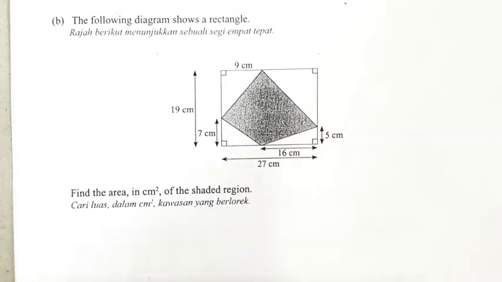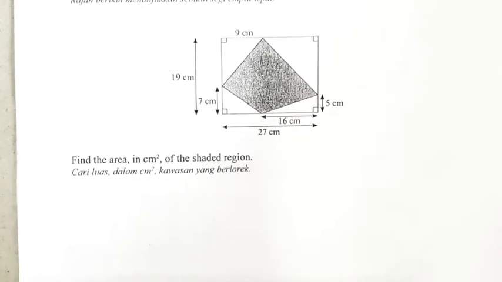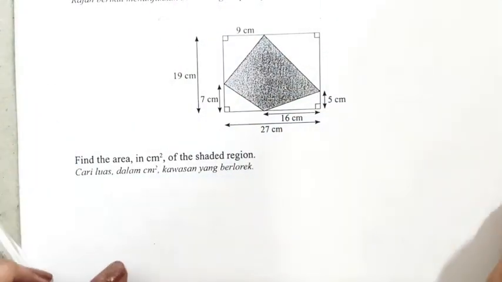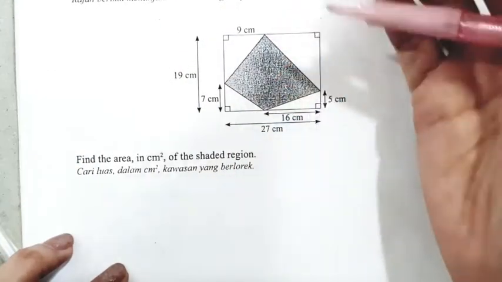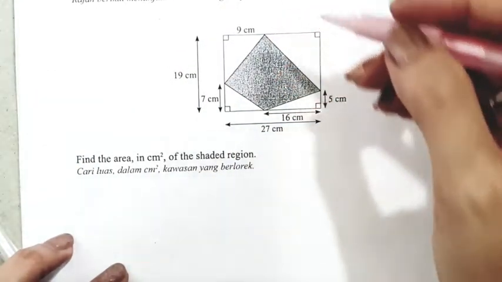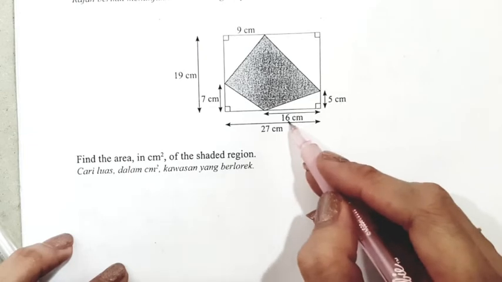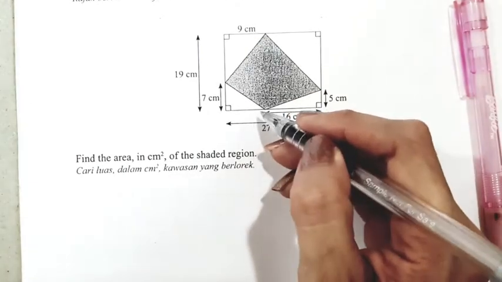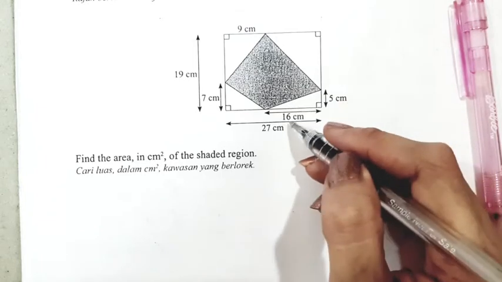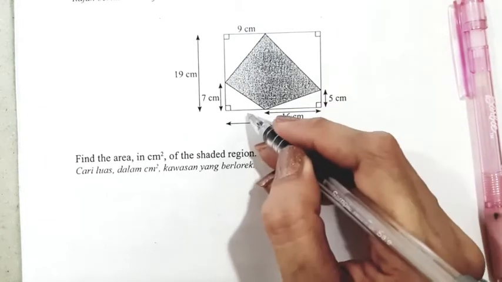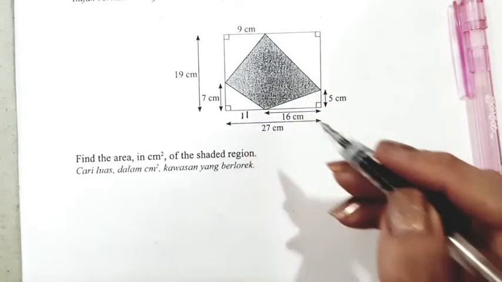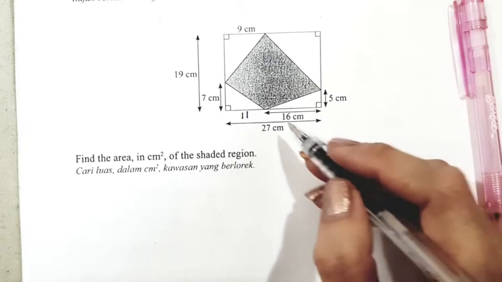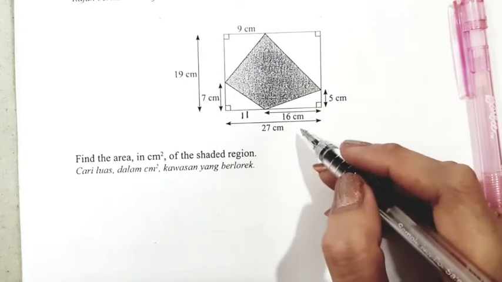Another one is, which I will do this. I will create this. You see, this is 16. Therefore, if this is 16, the other side is 11, yeah? This is 11. So if this is 11, then we cannot use that one.